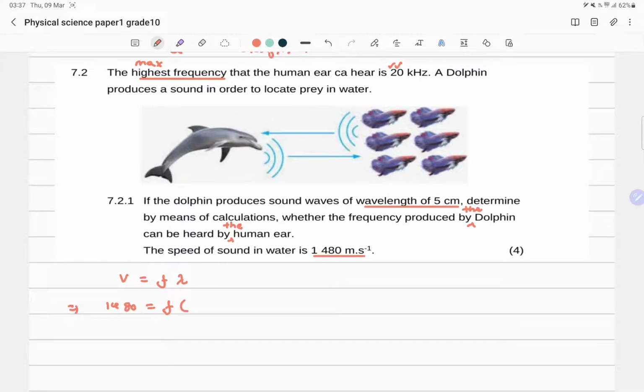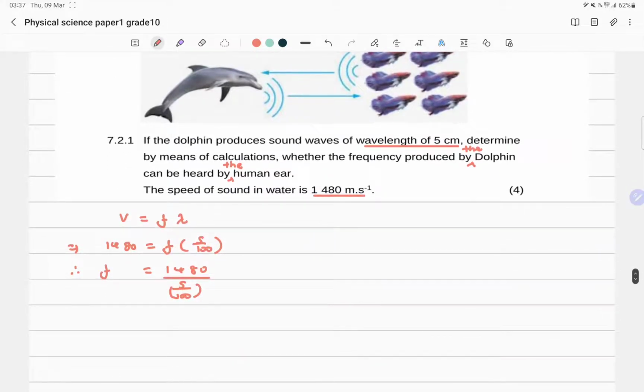The wavelength is in centimeters, but we want it in meters, so this is 5/100. To convert centimeters to meters, you divide by 100. Therefore, the frequency of the dolphin is going to be 1,480 divided by 5/100, which is equal to, let us do it, 1,480 divided by 5/100.